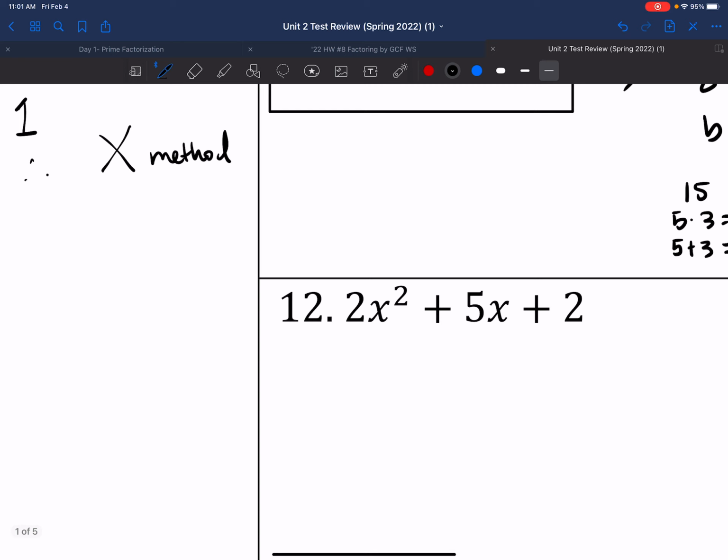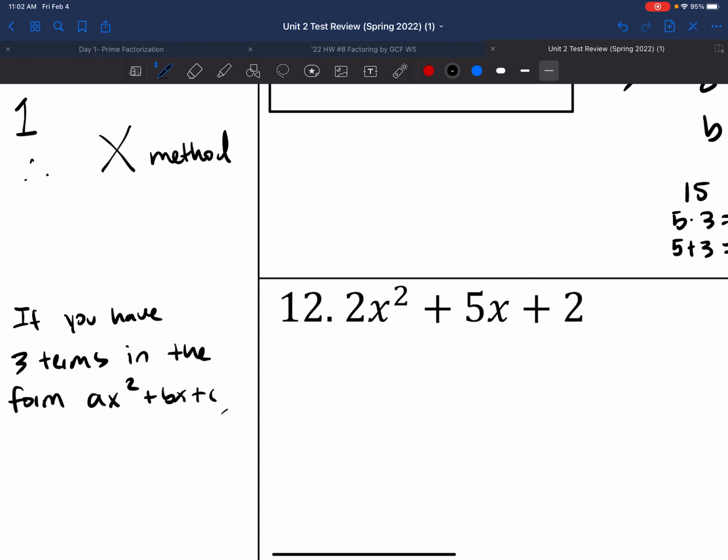So if you have 3 terms in the form ax squared plus bx plus c, where a is greater than 1, we can see that this is our a value, and it is greater than 1 because 2 is greater than 1, right?